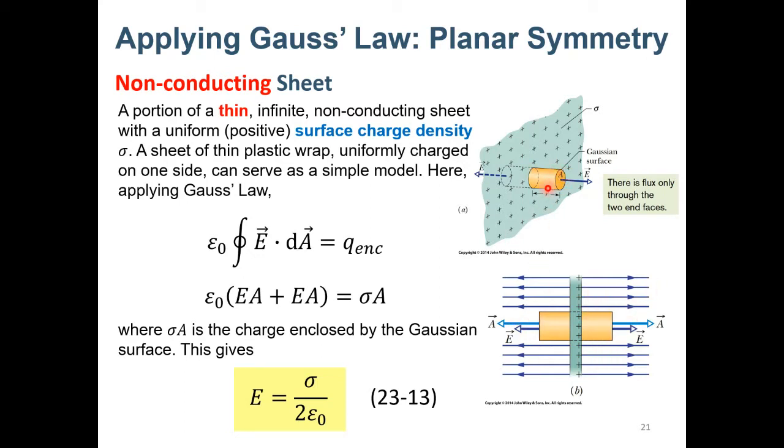The Gaussian surface we define here is also a cylinder, and as we know, the E field is perpendicular to the plane, so there will be no net flux contributed by the side.